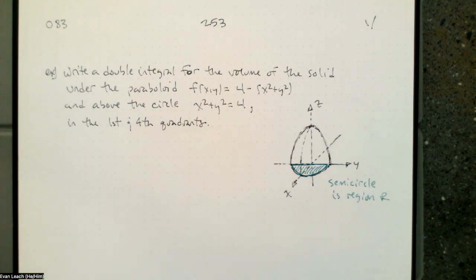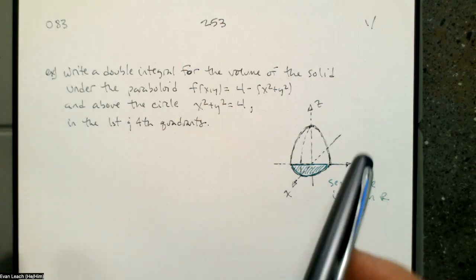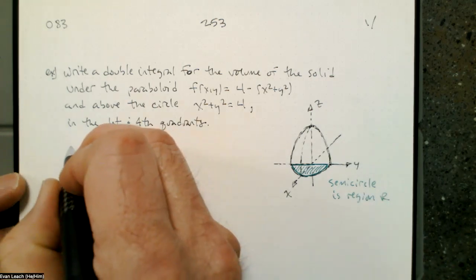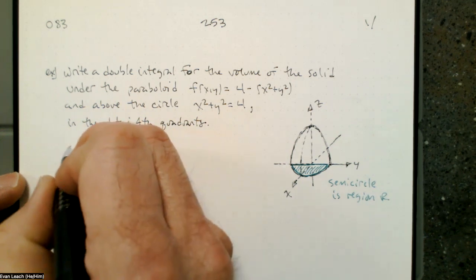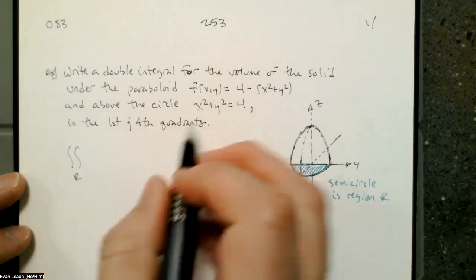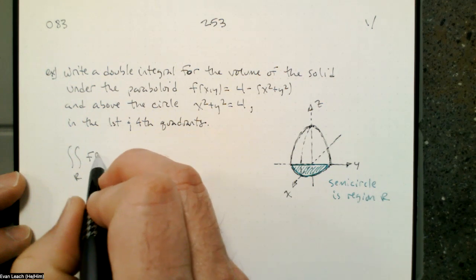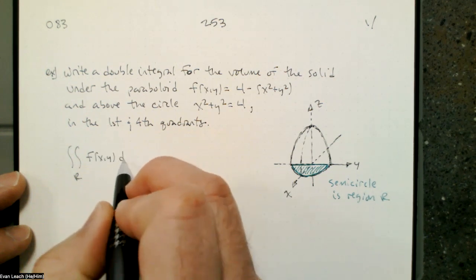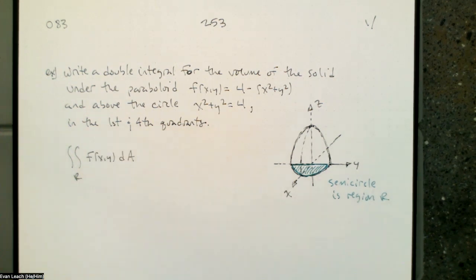That's the generic region R in our double integral. So the volume of the solid is going to be a double integral over this region R, which is a semicircle, of the function dA. So we're going to write this double integral.